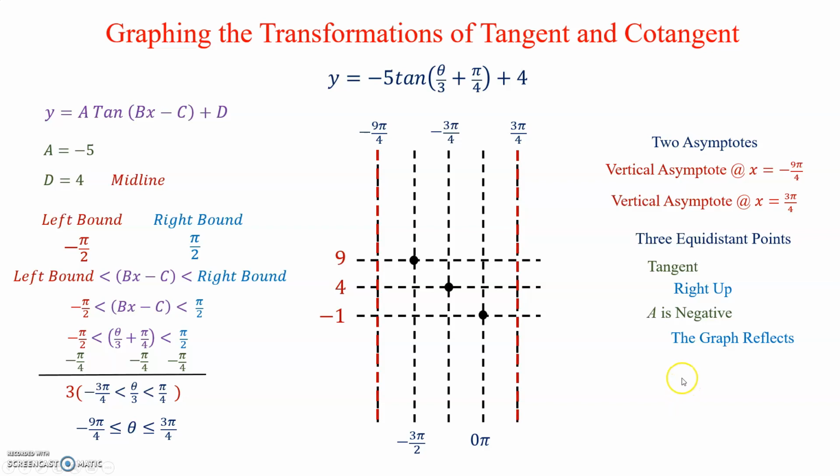This is critical to acknowledge the trig function and the sign of your coefficient. So let's plot these points and determine the coordinates. They intersect with the negative 3 pi over 2 and the 9, the negative 3 pi over 4 and the 4, and the 0 pi and the negative 1. There's our 3 coordinates. So now we can graph it.